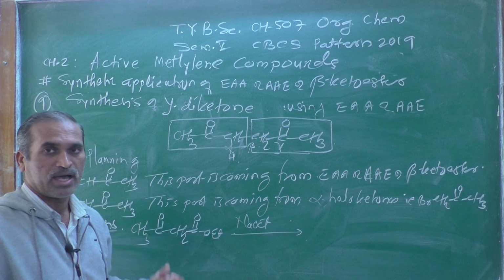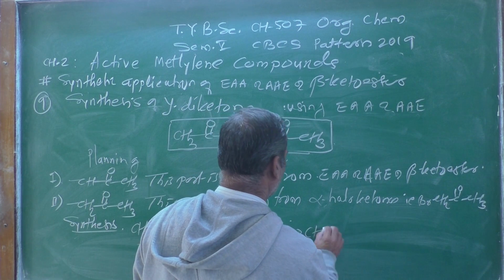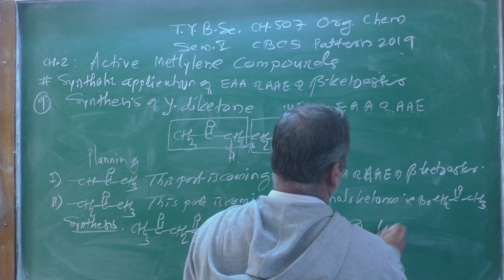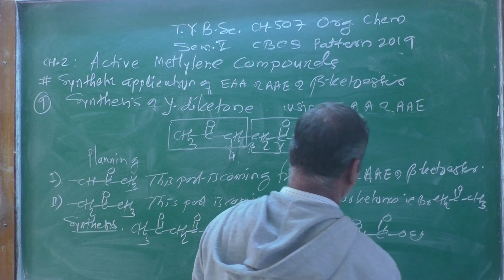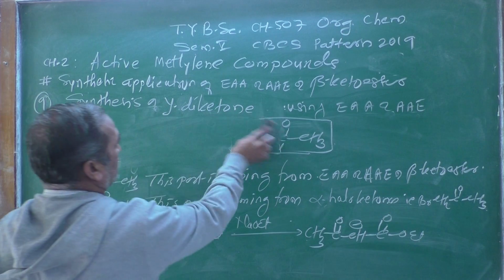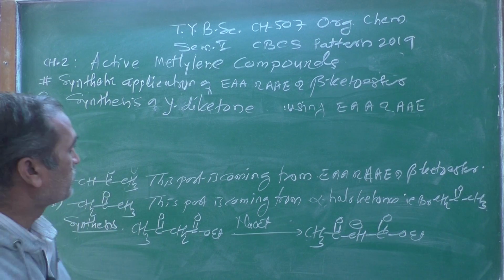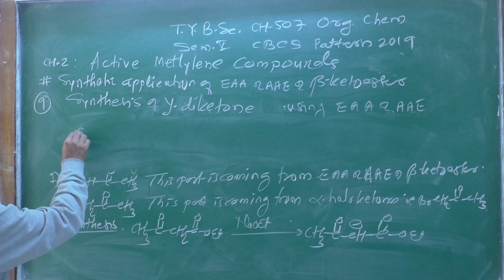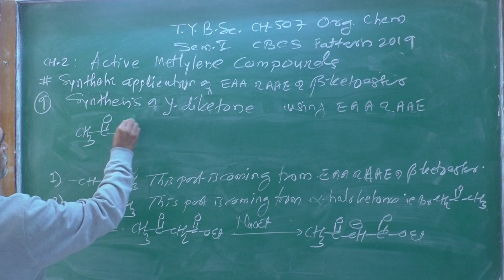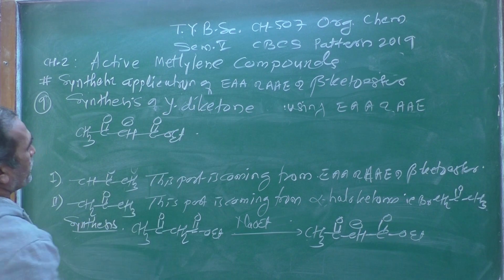Base will abstract the highly acidic proton and form the carbanion, and that carbanion is well stabilized due to resonance. CH minus, C double bond O, OEt. I am making that carbanion over here, CH3, C double bond O, CH minus, then C double bond O, OEt.